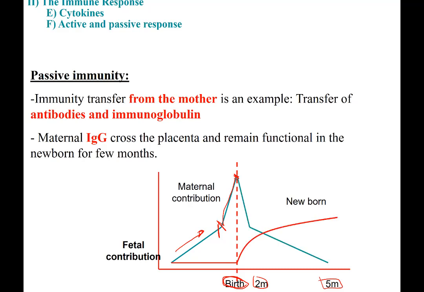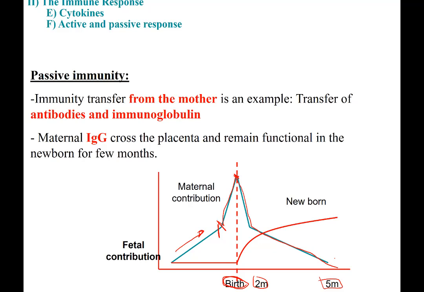Once the baby is born, obviously, the contribution of the mother is going to drop. There's not much contribution of the mother. There's a drop here. You can still see that for up to 5 or 6 months, there is something the mother can still contribute to the IgG. But obviously, this is only through the breast milk.